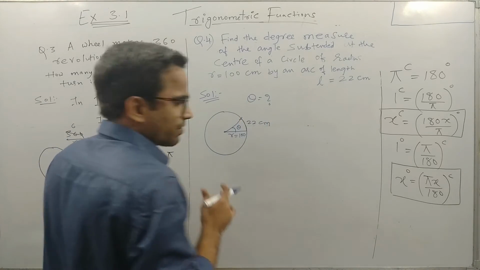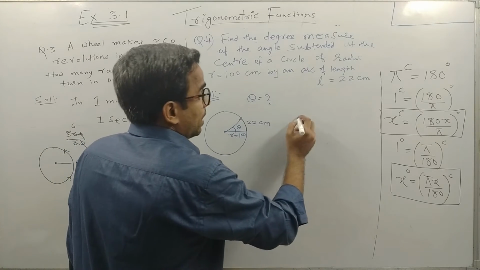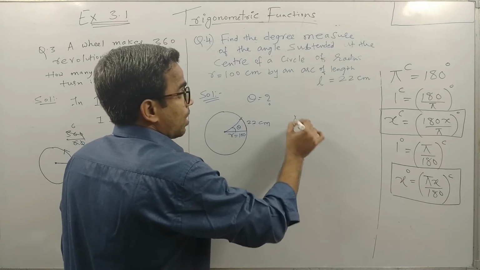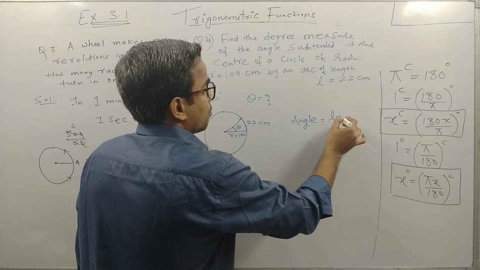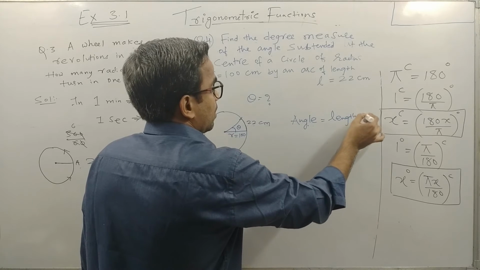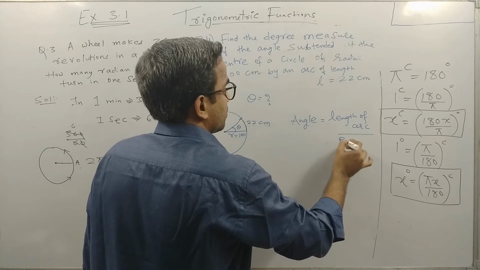So how will we find? It's very simple, right? So in basic school you must have studied, in this case we know angle will be length of arc upon radius, right?